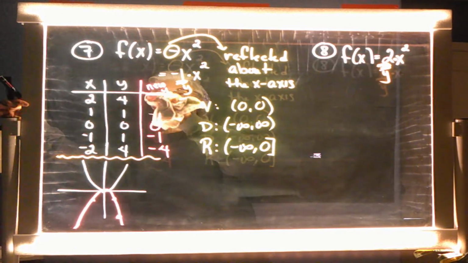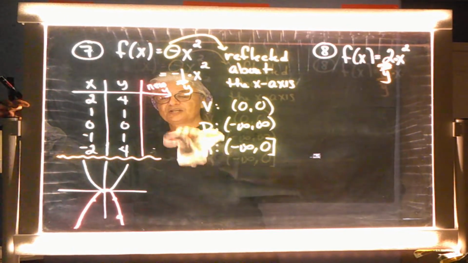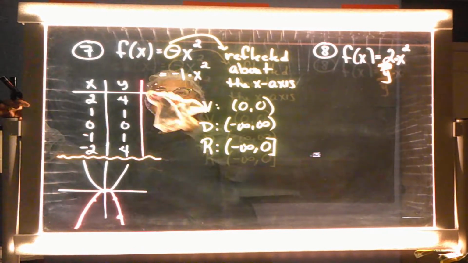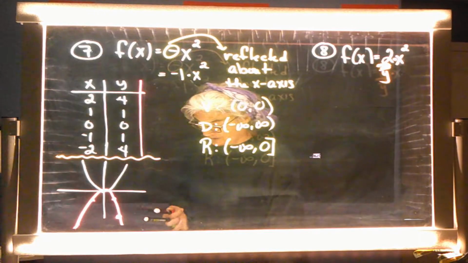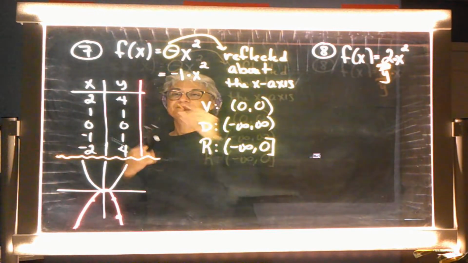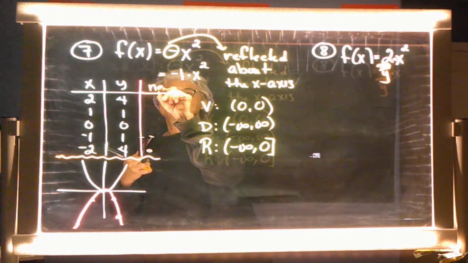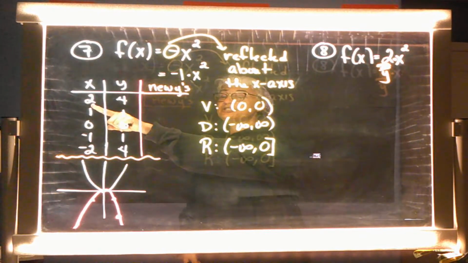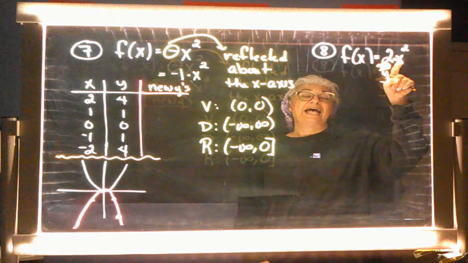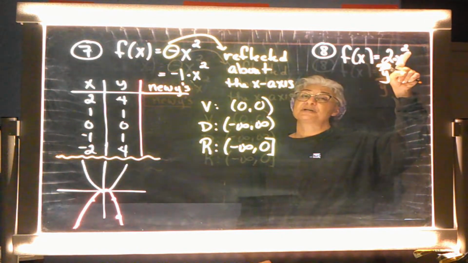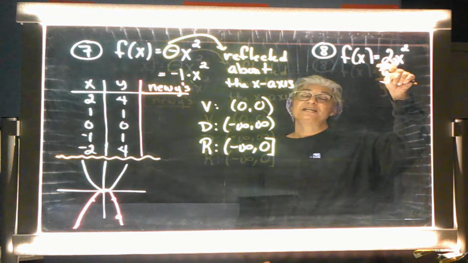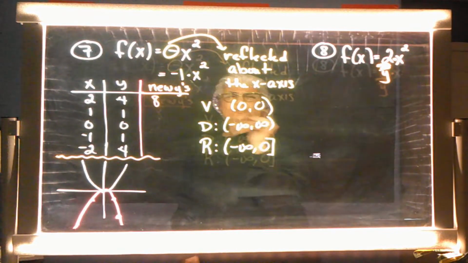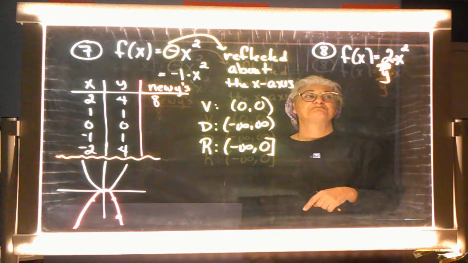So I'm going to get rid of these guys. And let's take a look. Okay. So I plug in 2 and exponents come first, so 2 squared is 4. And then you do 4 times 2, which is 8. Yeah, order of operations, remember that.